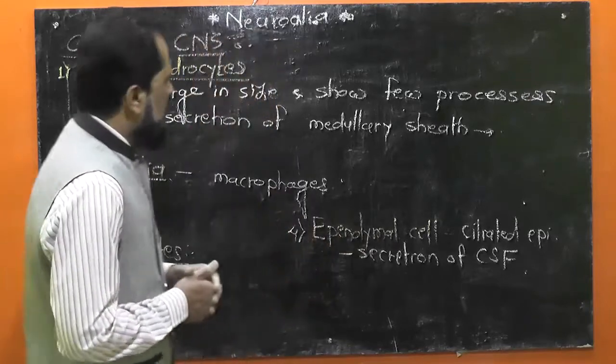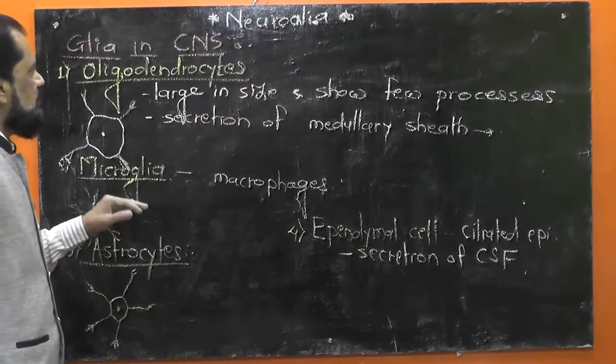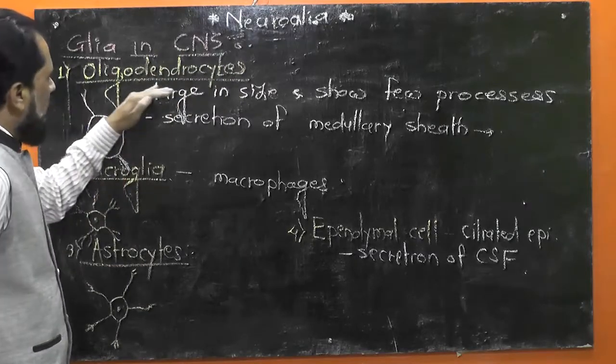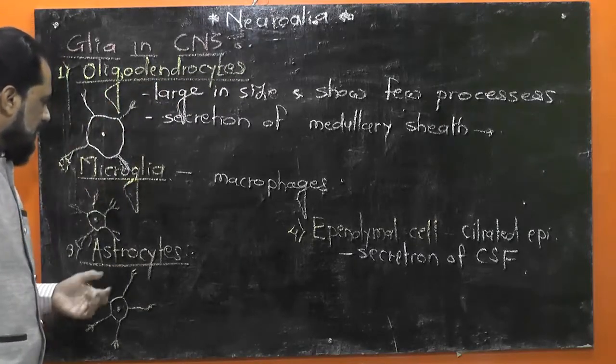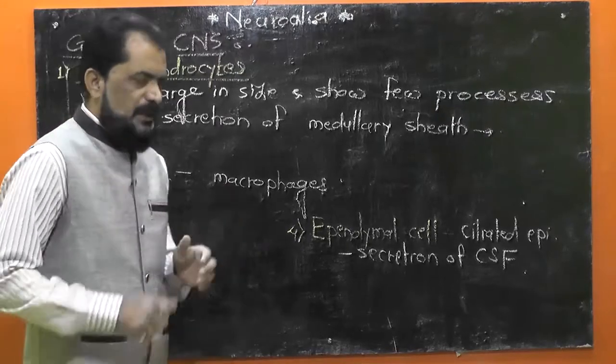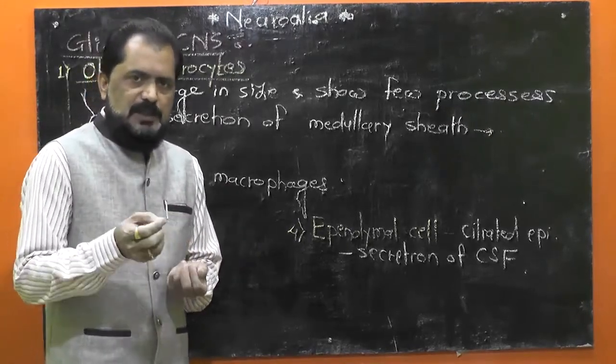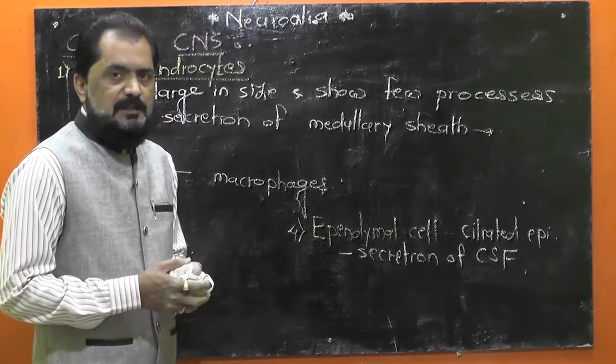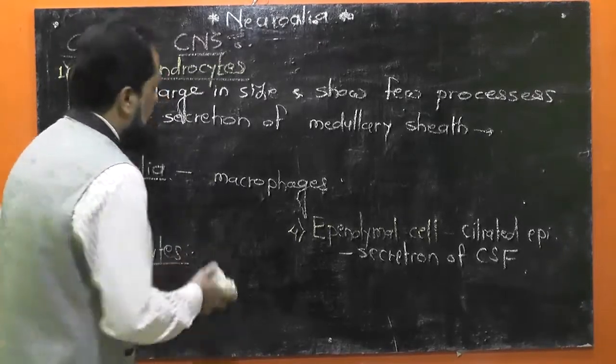So here I told you the 4 different types of glia present in CNS, that is oligodendrocytes, microglia, astrocytes and ependymal cells. Now let us talk briefly about the glial cells in peripheral nervous system.